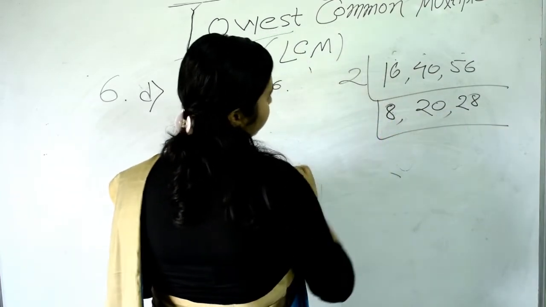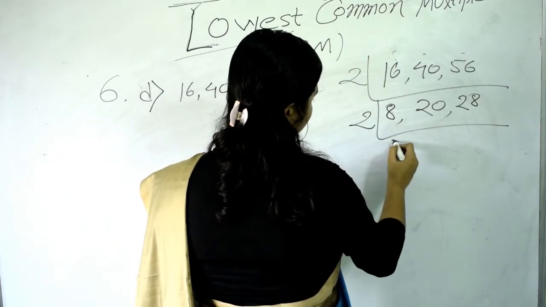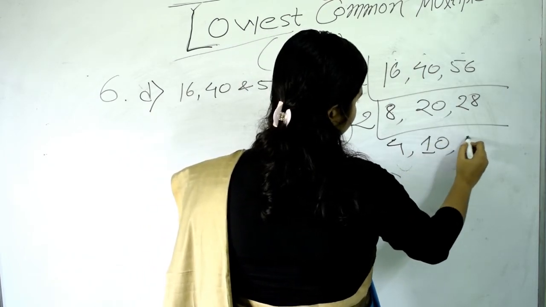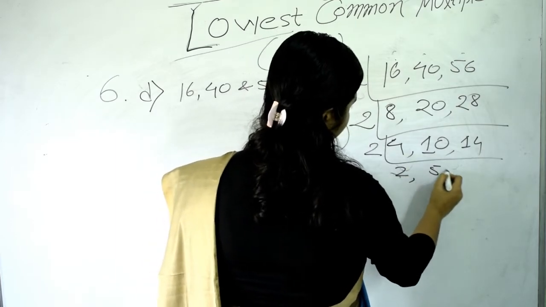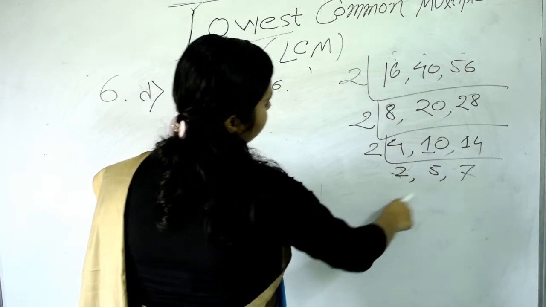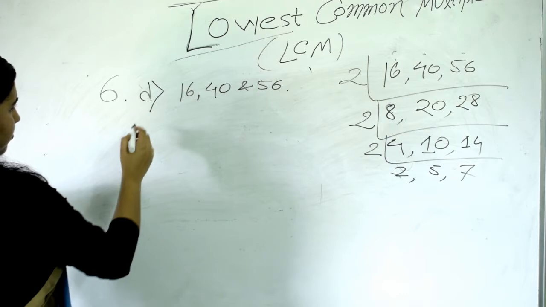Again 8, 20 and 28 are even numbers, so we can take 2 as a factor. Same. Now 2, 5, 7 all are prime numbers, so we don't have to take further division.